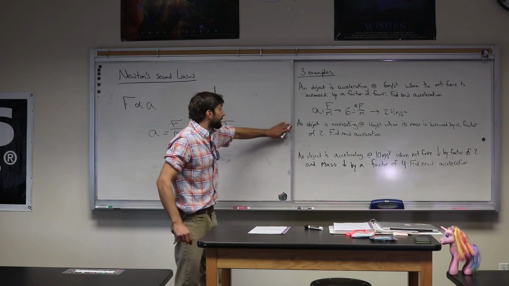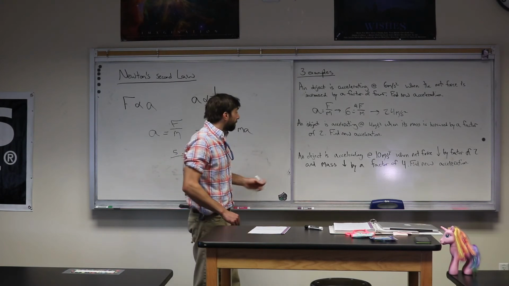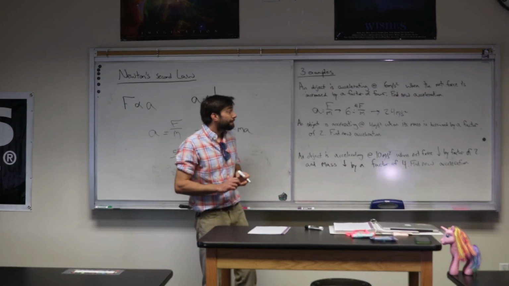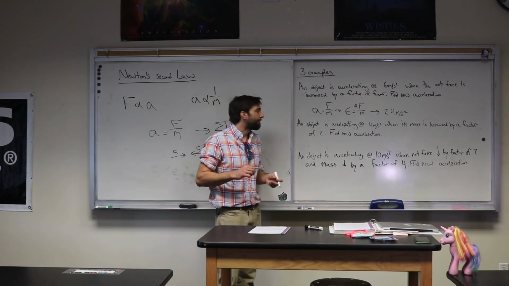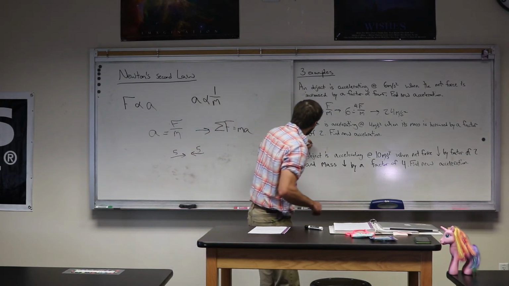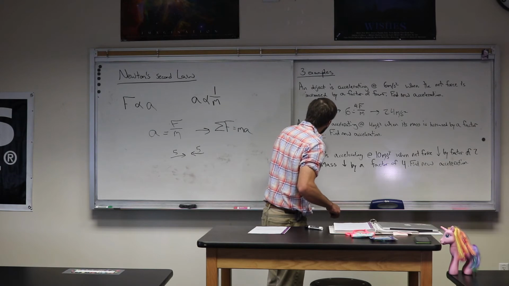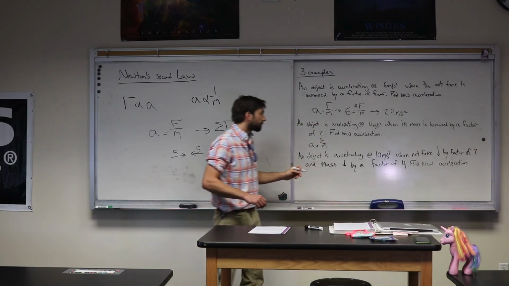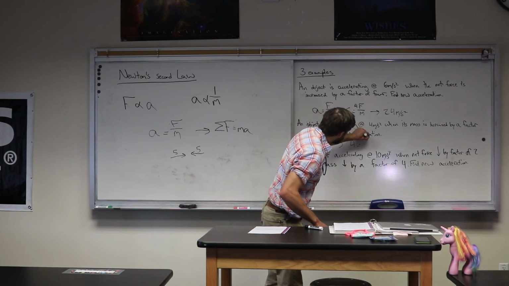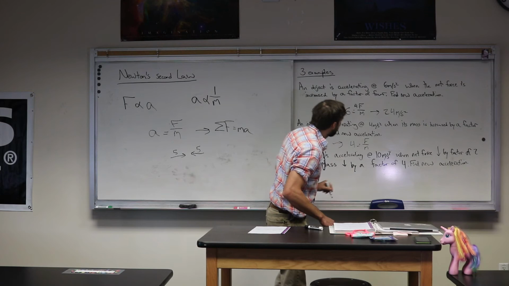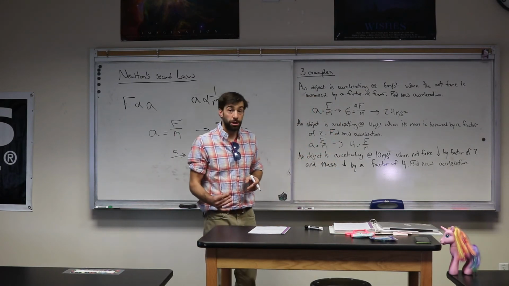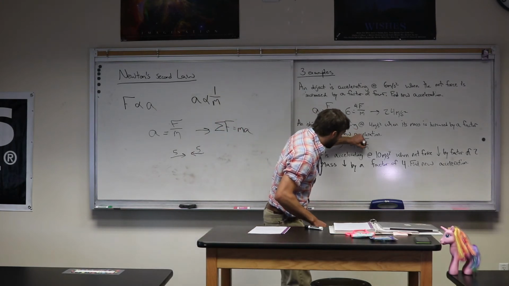Awesome. So let's move on to the next example. An object is accelerating at 4 meters per second squared when its mass is increased by a factor of 2. Find the new acceleration. So rewriting our equation again, acceleration equals force over mass, and 4 equals F over m. Well, we increase the mass by a factor of 2, so I have a 2m.